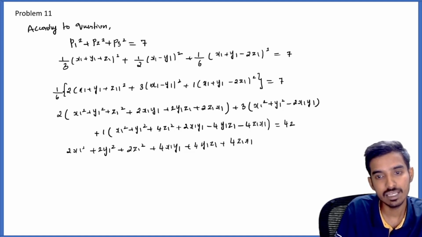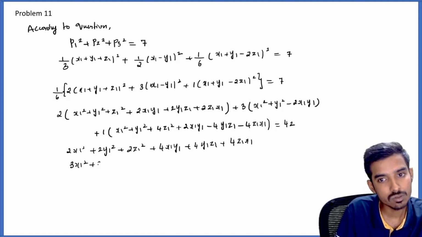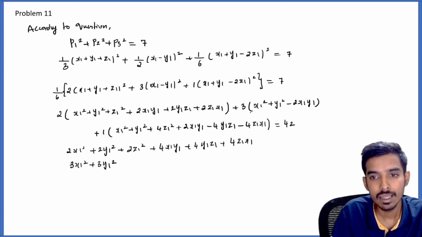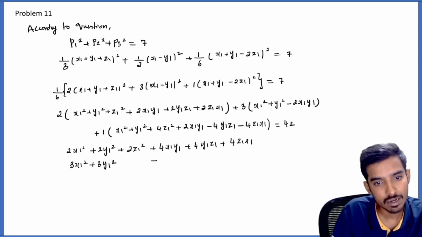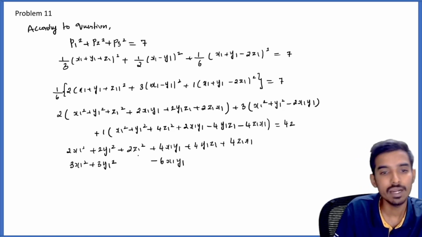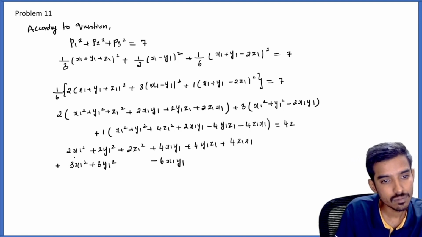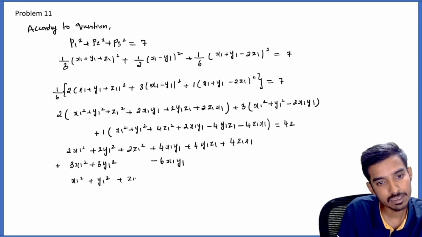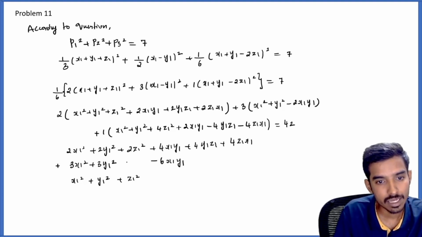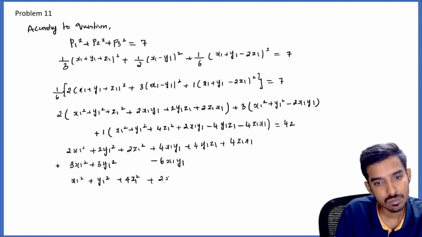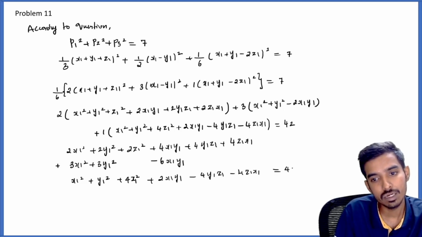So 2x1 square plus 2y1 square plus 2z1 square plus 4x1 y1 plus 4y1 z1 plus 4z1 x1. Multiply this 3 here: 3x1 square plus 3y1 square minus 6x1 y1, right? And here we have x1 square plus y1 square plus 4z1 square plus 2 times x1 y1 minus 4 times y1 z1 minus 4 times z1 x1, is equal to 42.